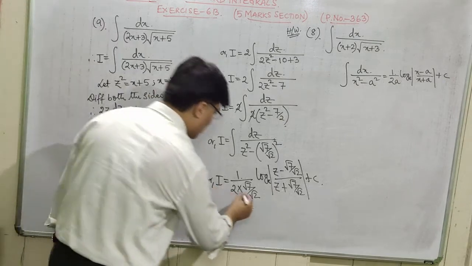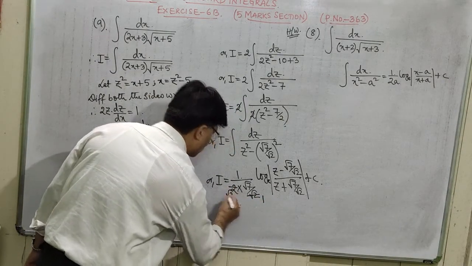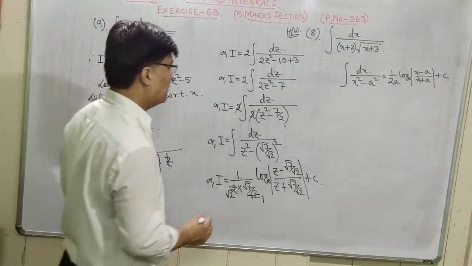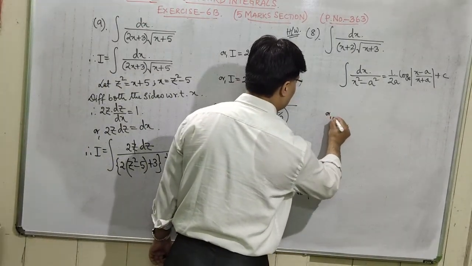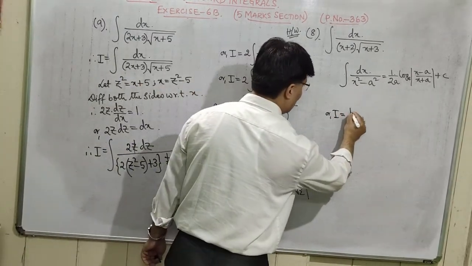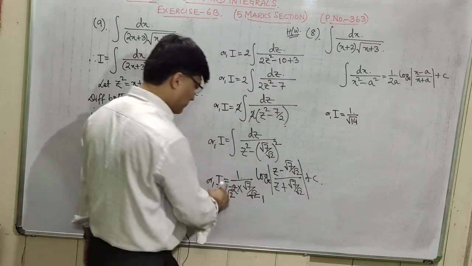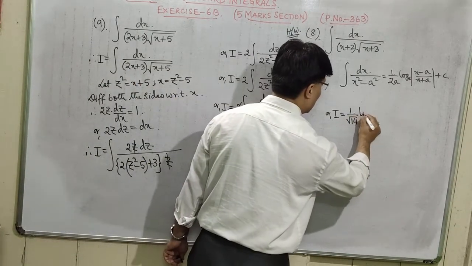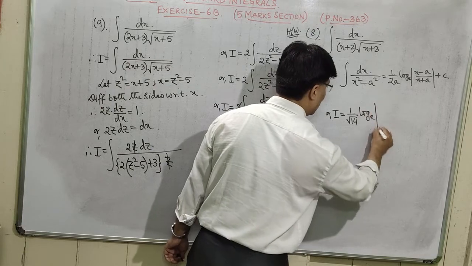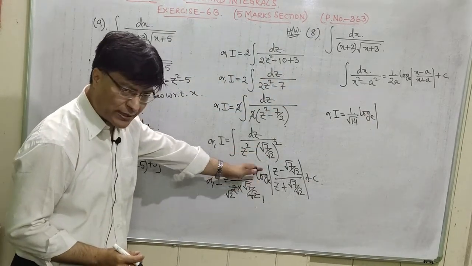Understood? So now here you can cancel root 2. So what is I? I is equal to 1 by root 14. You can multiply root 2 by root 7, it is root 14. Then log base e within mod. In the numerator and in the denominator, you can take the LCM.